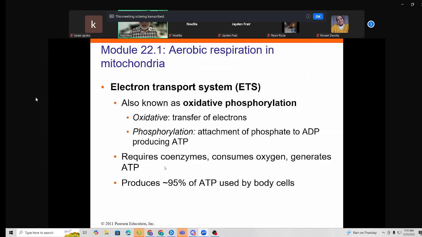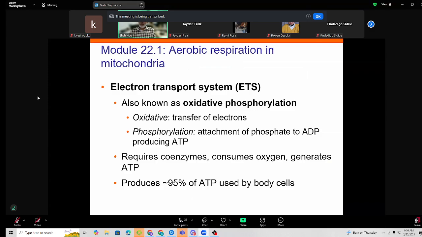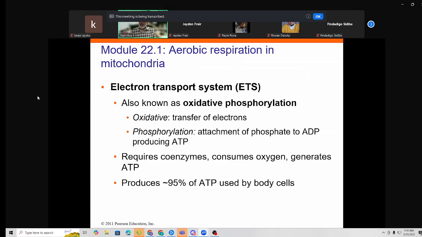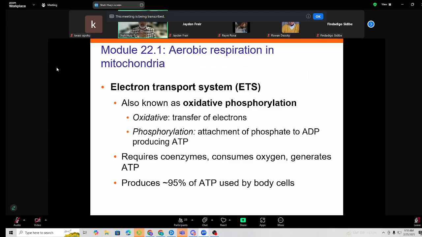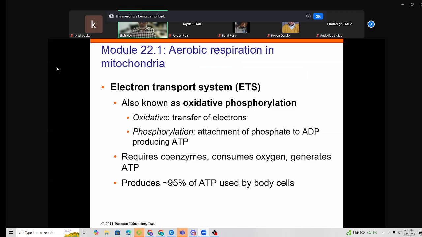ETS is an abbreviation of electron transport system. It is sometimes also called the electron transport chain, because it's a chain of reactions taking place. Here, the energy, not ATP, is required.